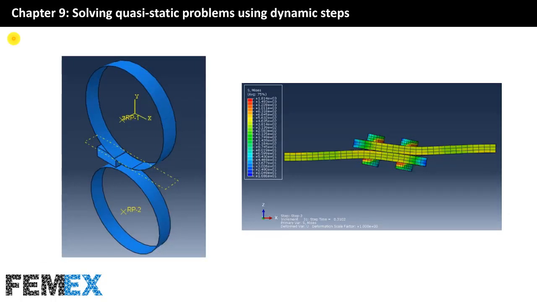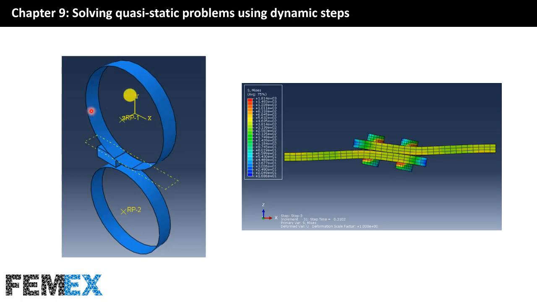Chapter 9 is about solving quasi-static problems using dynamic steps. In this chapter, I have solved 2 main examples. The first one is the rolling simulation, and I have done the simulation in 2D and 3D spaces, and finally I have compared them.